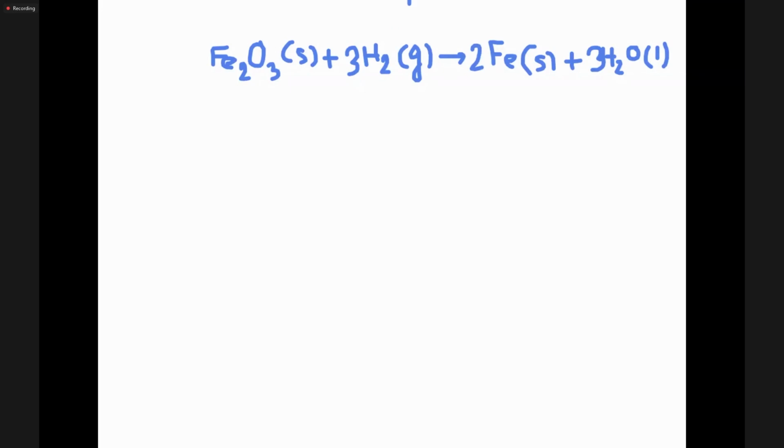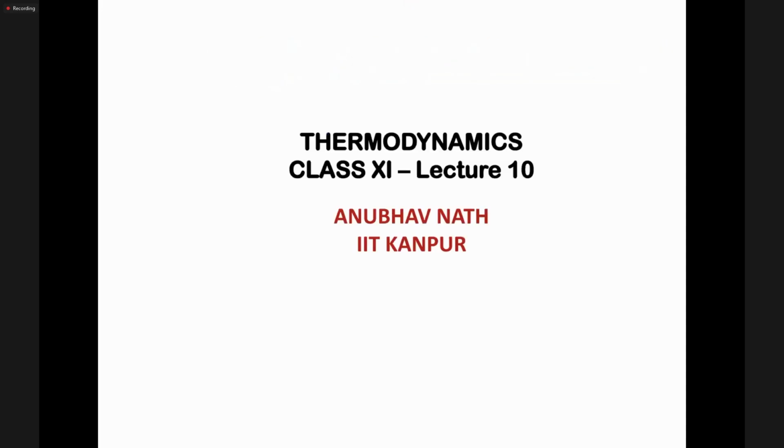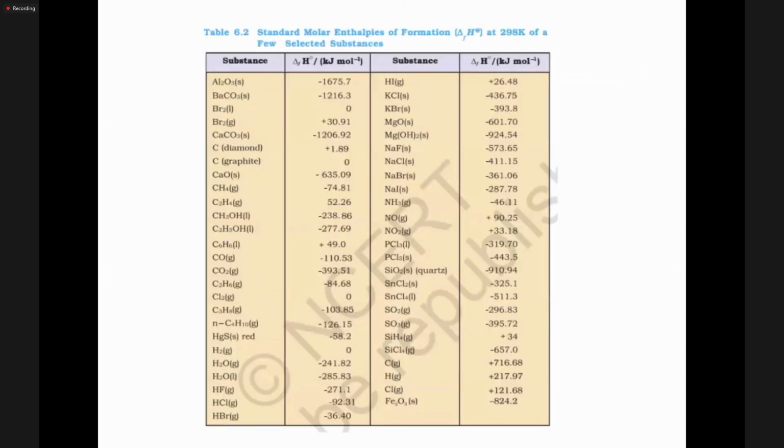Now, from the last class, we need the values of the standard enthalpy of formation, that is the ΔfH° values. So if we go back to the table that we discussed in the last class, I guess you remember these are the standard molar enthalpies of formation, that is ΔfH° at 25 degrees Celsius for a few selected substances.